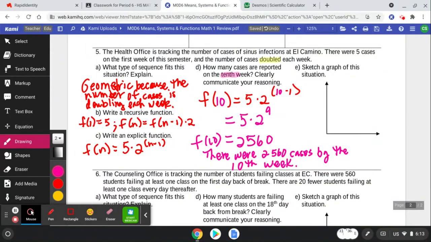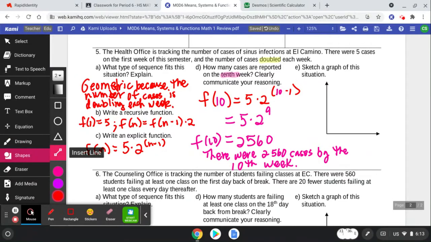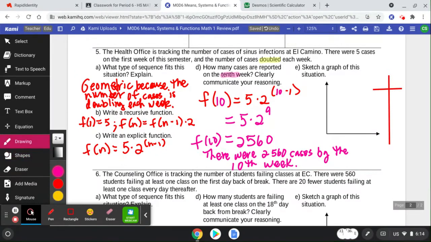Okay. Finally, sketch a graph of the situation. So if you feel more comfortable making a quick table, I'm going to go off to the side here just to get a couple data points. So in the first week, there were 5 cases, and then it's doubling.